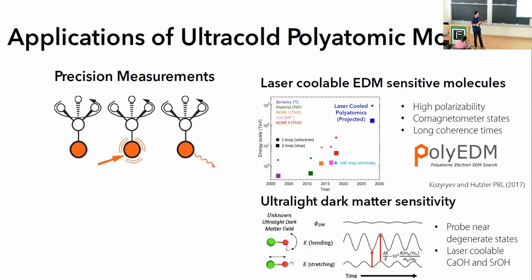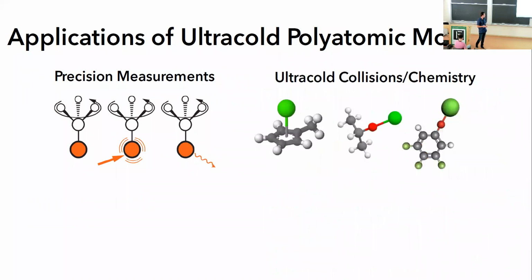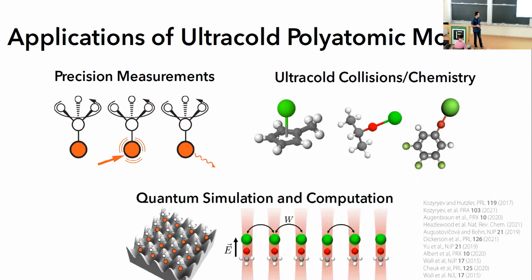By looking at the transition frequencies of these two, you can map out whether any dark matter is going through your experiment as a function of time. One can also, of course, continue studying ultracold collisions and chemistry, but now with molecules that are significantly more interesting to chemists. And one can also do quantum simulation and quantum computation using these closely spaced opposite parity states.